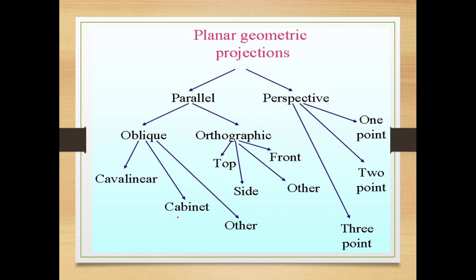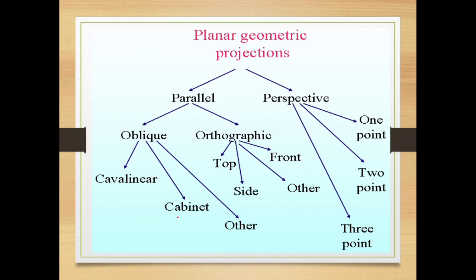Oblique is nothing but cavalier as well as cabinet formation. If you take any object, or maybe a vehicle, that vehicle has a front area, a top area and a right area. So the area should be covered 1 to 1, and that is oblique.